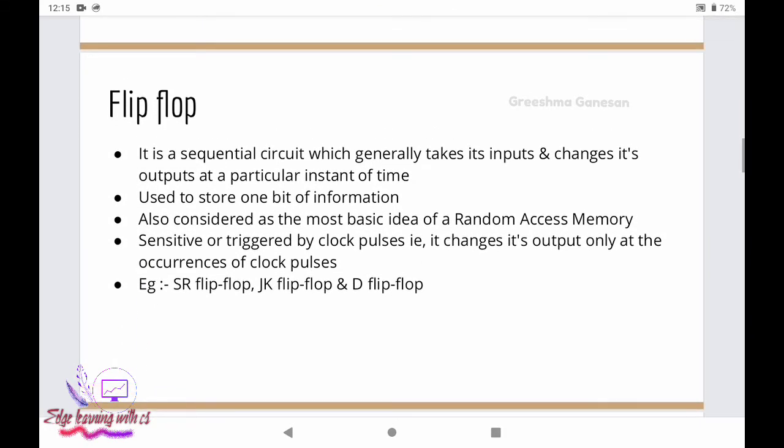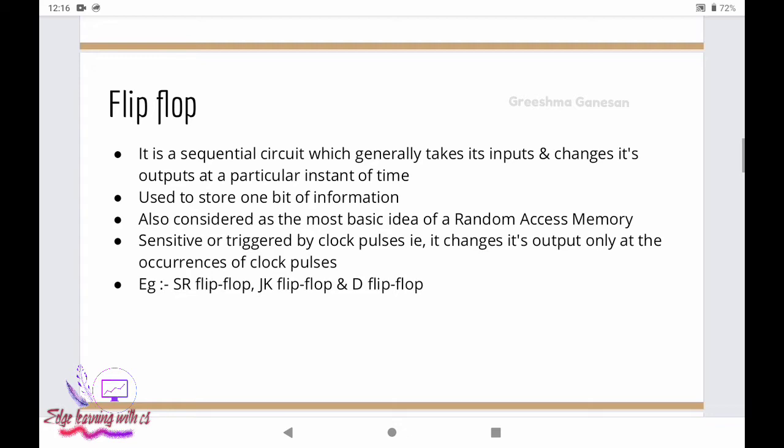So the next topic is the flip-flop. It is a sequential circuit which takes its inputs and changes its outputs at a particular instant of time. So we take the input for the sequential circuit and also produce the output, but it changes its output at a particular instant of time.